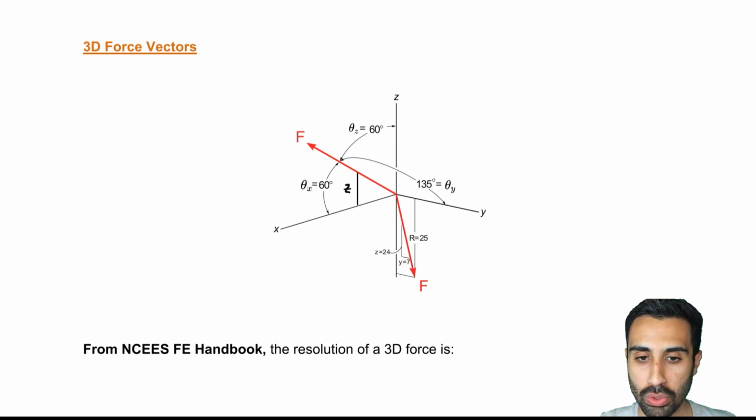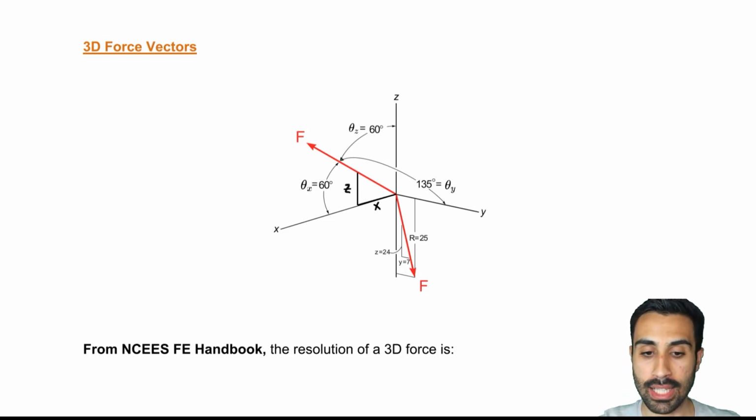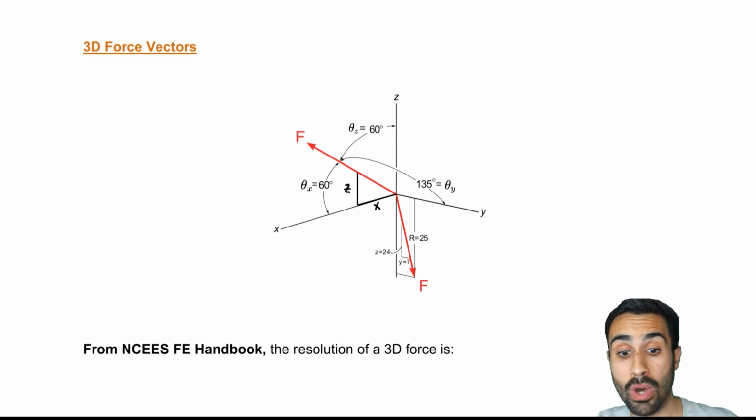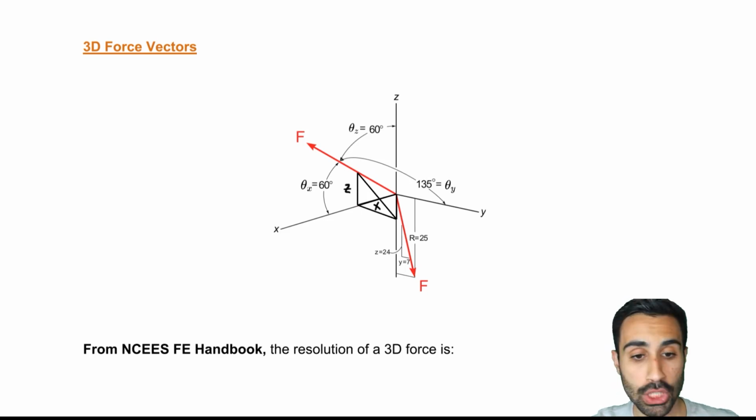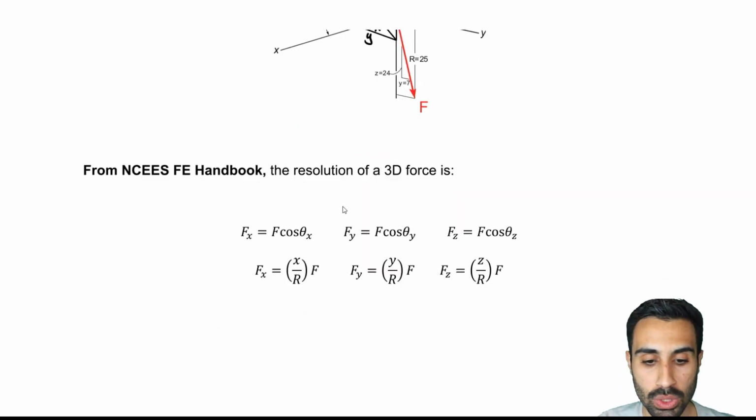Then we'll have the x, we can put that like that. And the last one would be the y, so the y has to go in the y direction. So we can visualize a triangle like this. Let's connect this and build a triangle like that. So this is the y, this is the x, this is the z. And that's what we're talking about here.